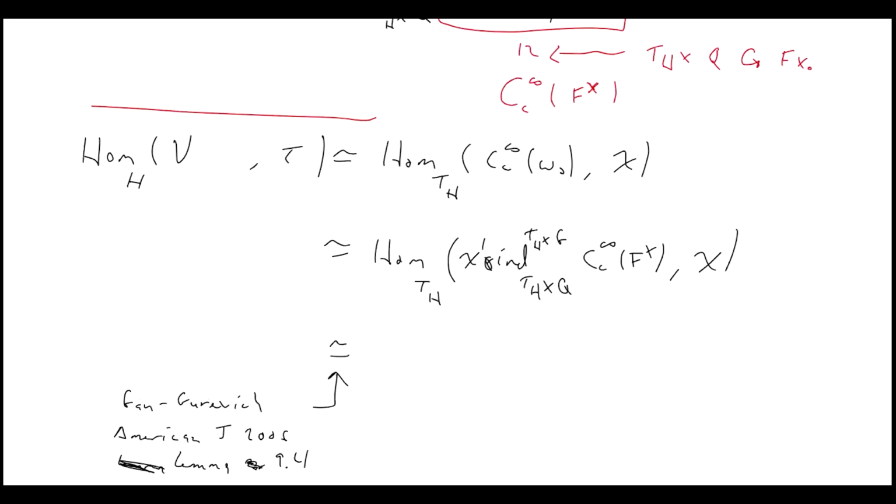And then if we're looking at maps from the smooth compactly supported functions on F cross to chi, which are T-module homomorphisms, we really just need to compute the chi isotypic space. And for this, that is just a one-dimensional space isomorphic to chi itself. Sorry, I should have said the chi isotypic quotient. Okay? And this lemma by Karasiewicz is basically saying that you can pull that through the induction.